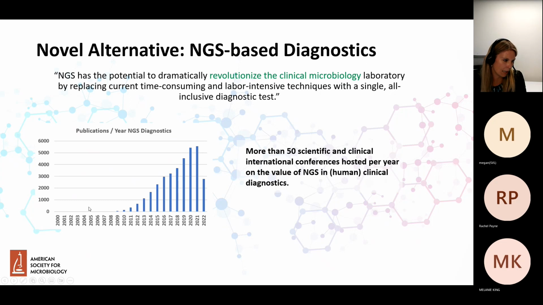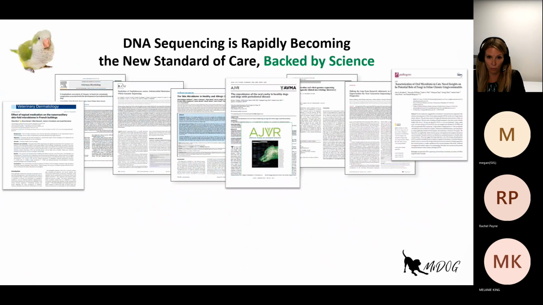NGS became publicly and commercially available in about 2005, and since then the number of publications has skyrocketed with just 5,000 publications last year.